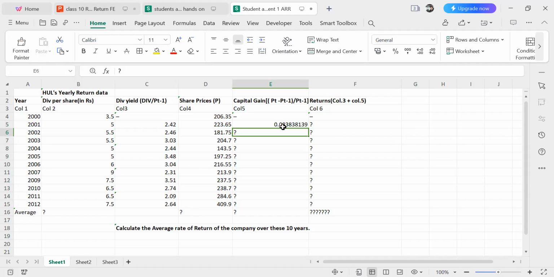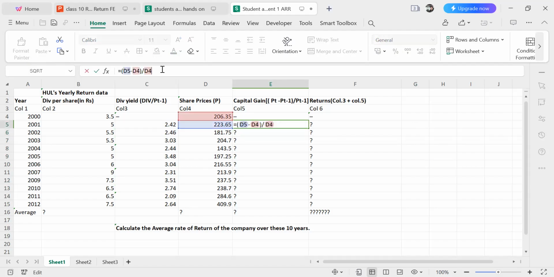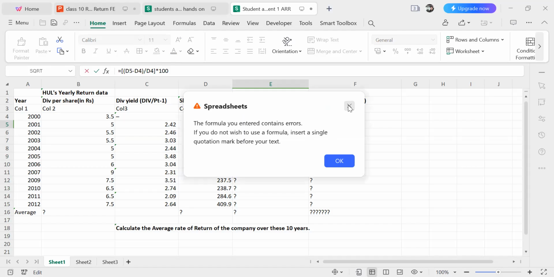Okay. So just to change it to percentage, we'll put the whole into multiply with 100. So what we do is multiply with 100. No, it's not coming. So we have to, after doing that only, I think we have to.